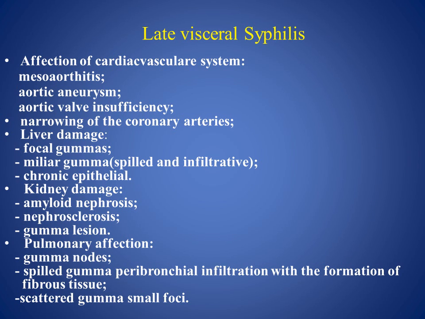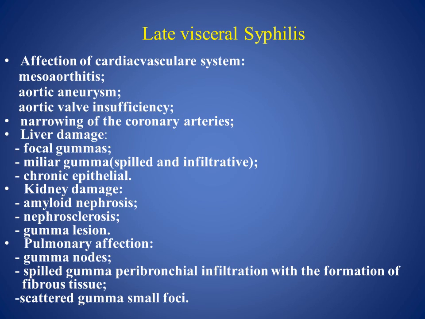Late visceral syphilis is characterized by the appearance of affection of the cardiovascular system: mesoaortitis, aortic aneurysm, aortic valve insufficiency, narrowing of the coronary arteries. Liver damage: focal gumma, miliary gumma, diffuse and infiltrative forms of gumma, chronic epithelial gumma.